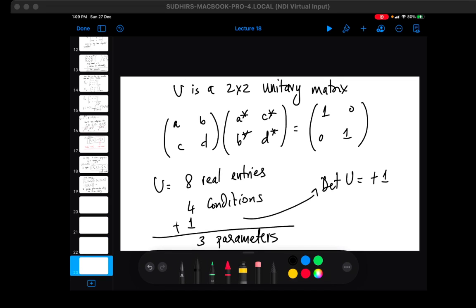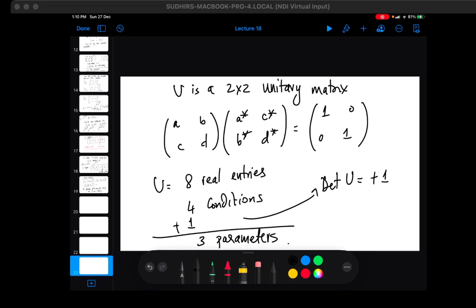That gives me 4 conditions, and U in general has 8 real parameters or real entries. Because U is unitary, its determinant could be plus or minus 1, and we choose the determinant to be plus 1, which gives one more condition. So the total number of free parameters of a unitary matrix in 2 dimensions is 3.